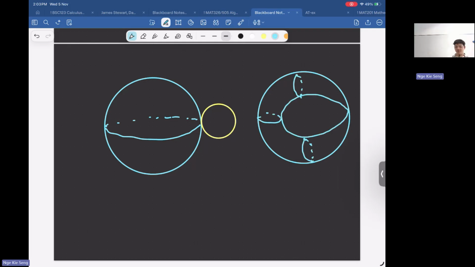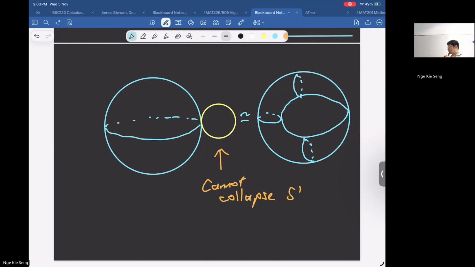Let's say you want to say that these two are homotopy equivalent. Then by contracting the subspace, you cannot collapse x1. Right? How do you collapse x1? This is not what you should do.